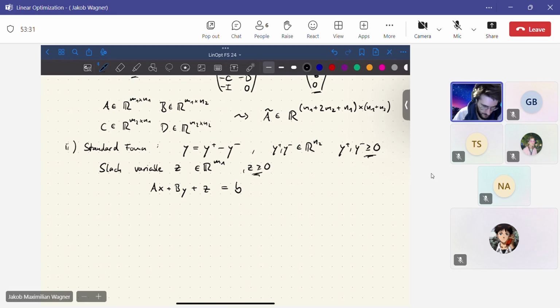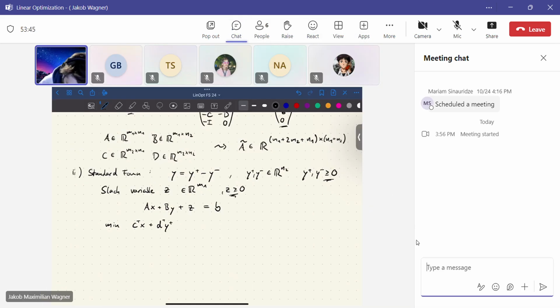And then all in all, the standard form is then minimize c transpose x. We need to split the d transpose y into d transpose y plus minus d transpose y minus. And we have now a bunch of general equality constraints. So we have Ax plus By plus minus By minus, again because of the splitting of y, and the slack variable z.